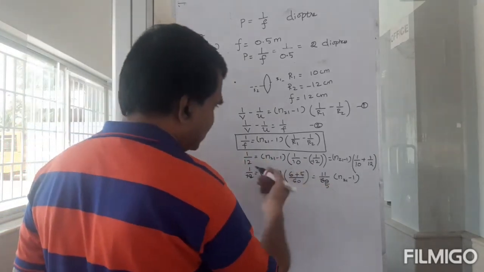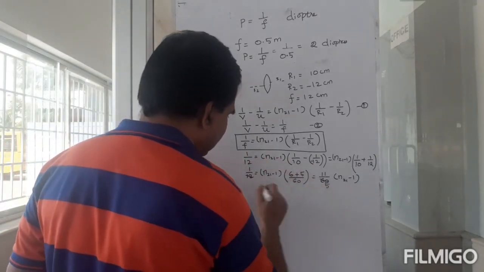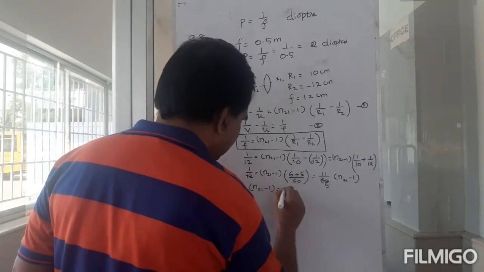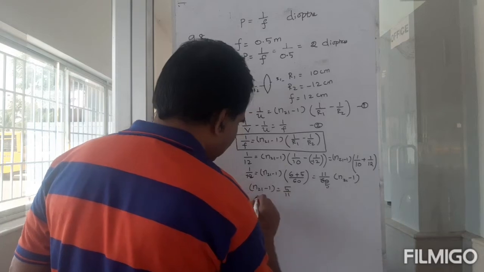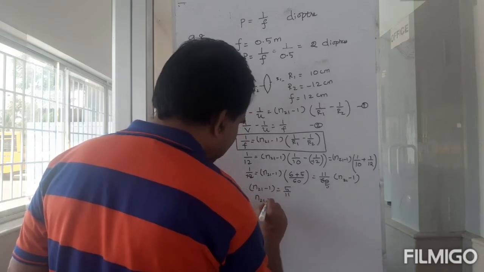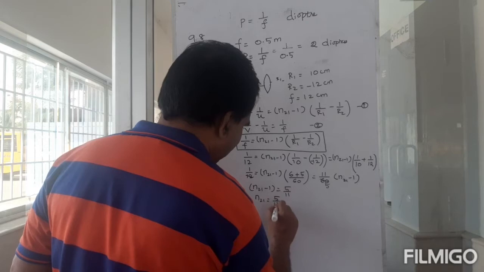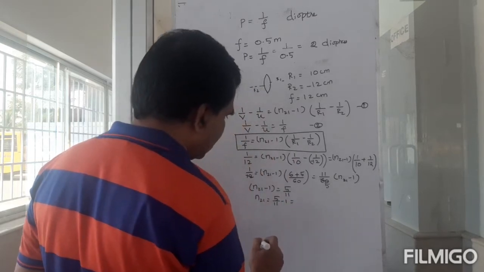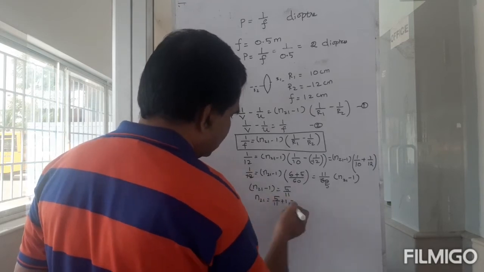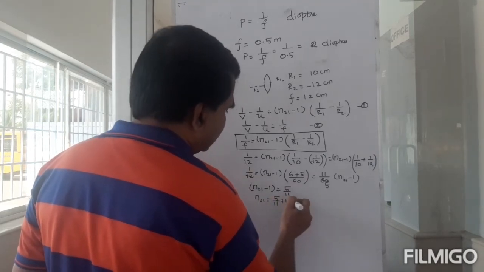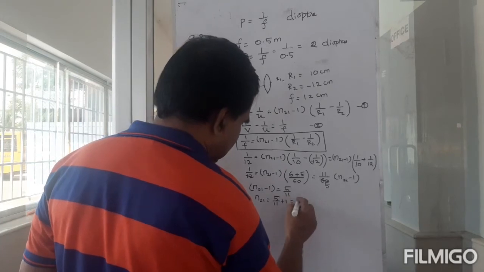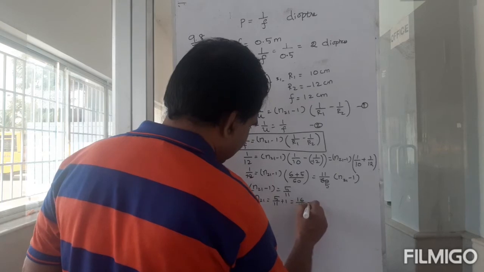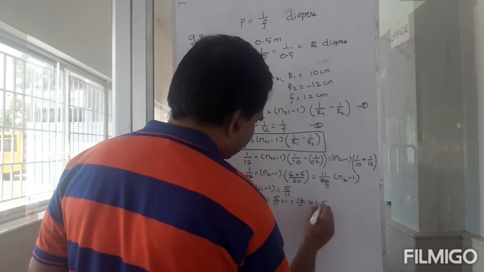So if I bring it all to this side, I'll say N21 minus 1 is equal to 5 by 11. So N21 is equal to 5 by 11 plus 1, which gives me 11 plus 5, which is 16 by 11, so this is approximately equal to 1.5.